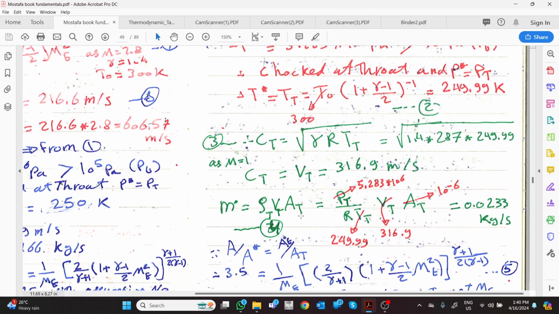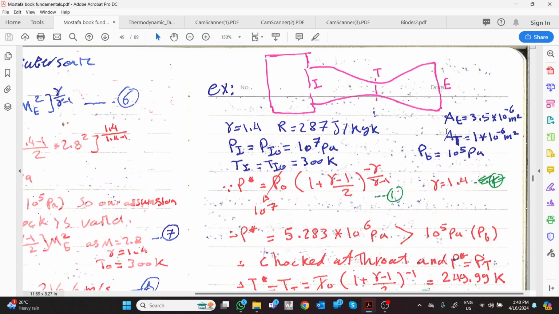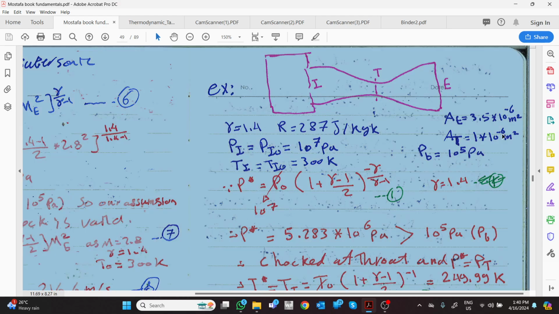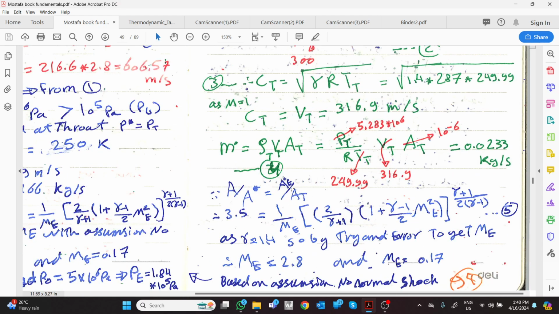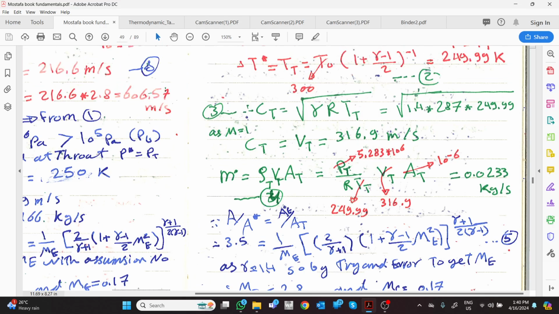From the throat condition, the area of the throat is given, and I know the pressure at the throat, which is P star, and T star, the temperature at the throat. So V throat I know, which is C, and A throat I know, so I can calculate density and the mass flow rate, and the mass flow rate is constant.